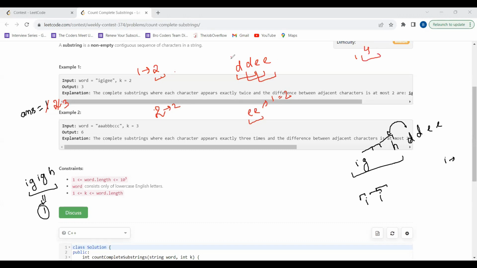So let's check the first 4-length substring. Here we have two unique characters, and each character is occurring exactly twice. Yes. So we got another complete substring.